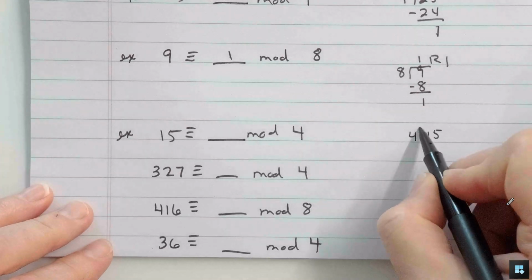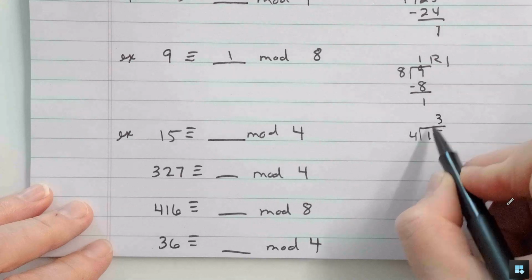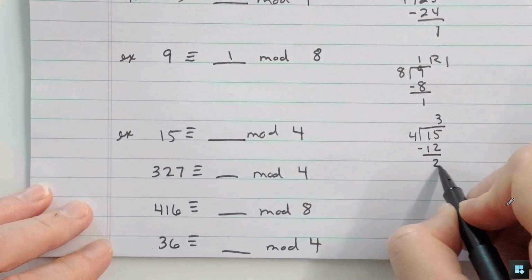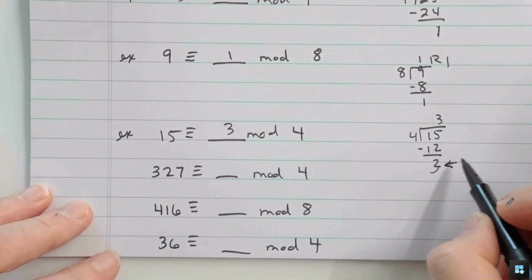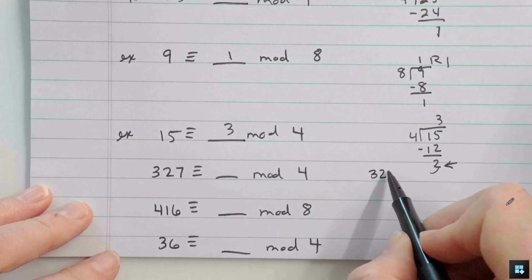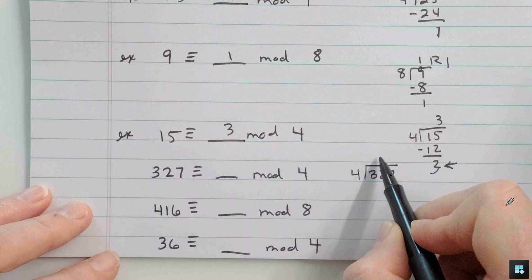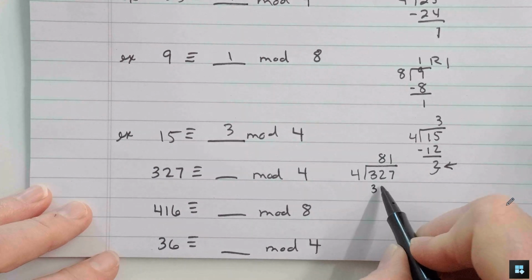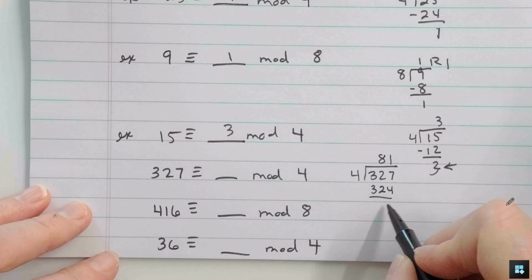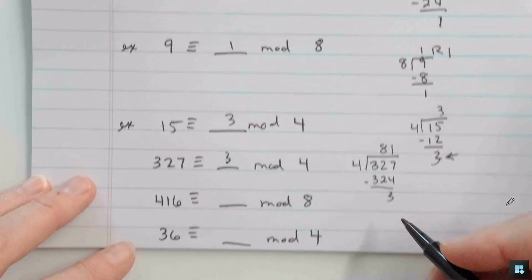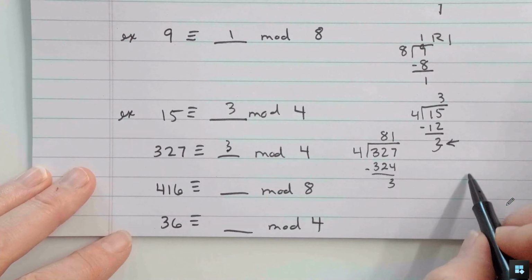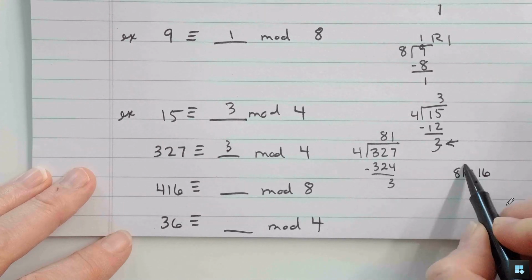So 15 divided by 4 is 3, remainder 3, so 3 from the remainder. 327 divided by 4, that'd be 81, remainder 3, so 3 for that one also. 416 divided by 8, that goes evenly.